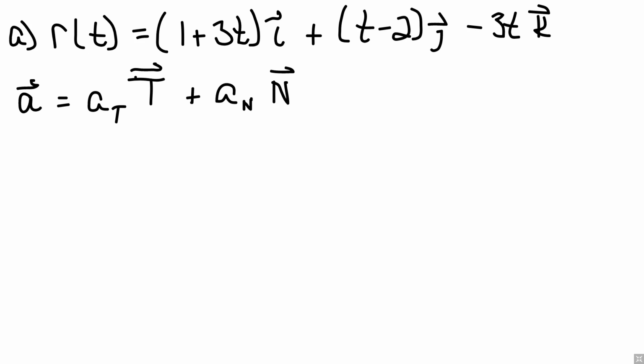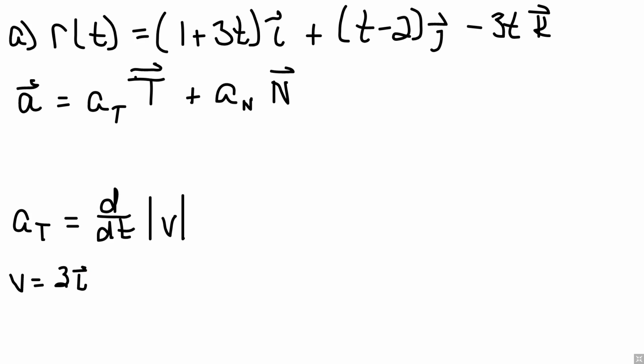So first, let's find a sub t. a sub t is going to be the derivative with respect to t of the magnitude of the velocity vector. So first we find the velocity vector. That's going to be 3 in the i direction plus 1 in the j direction minus 3 in the k direction.